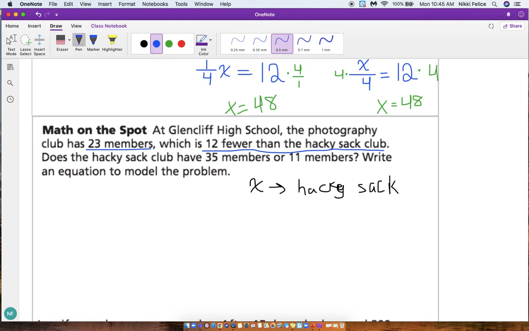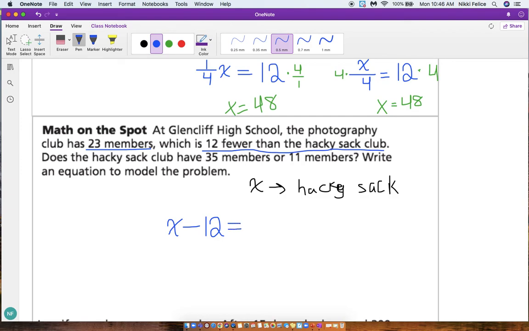So going back to the problem, we know that the photography club has 23, and that is 12 fewer than Hacky Sack. So Hacky Sack is x. 12 fewer than that, we could show with minus 12. And we know that the photography club is 23.